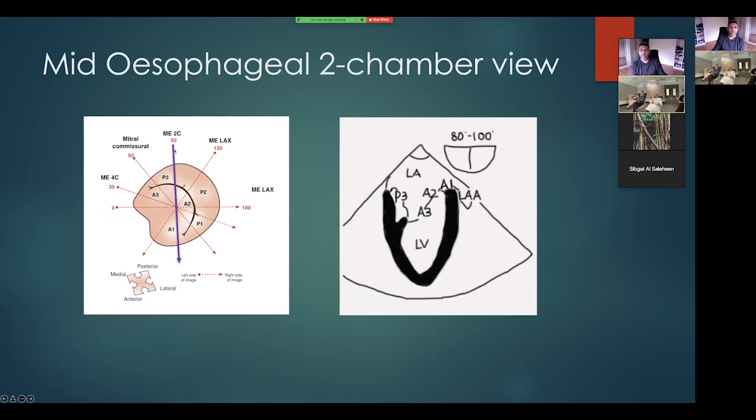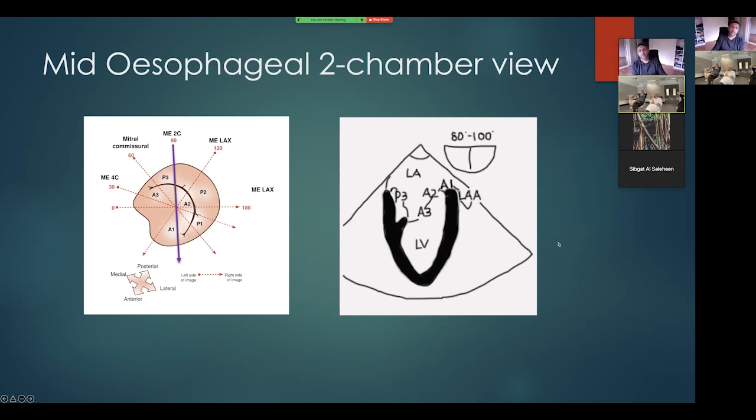Then we move to 90 degrees. The first thing you can see at 90 degrees is the atrial appendage on this side, so A1 would be closer to the left atrial appendage.